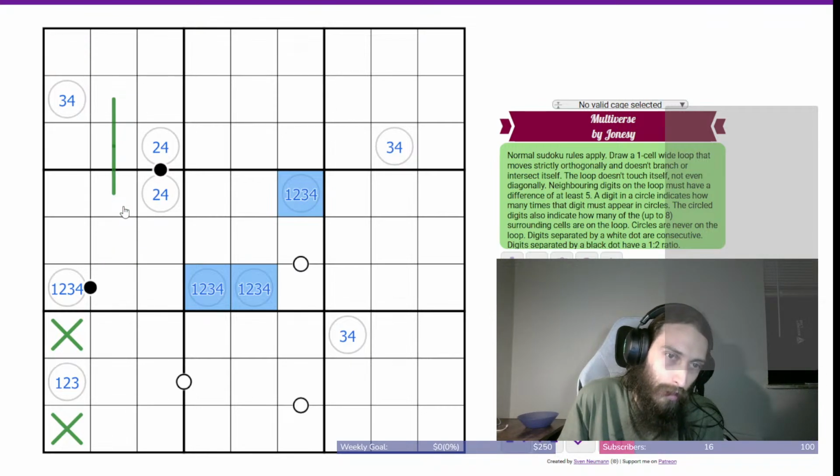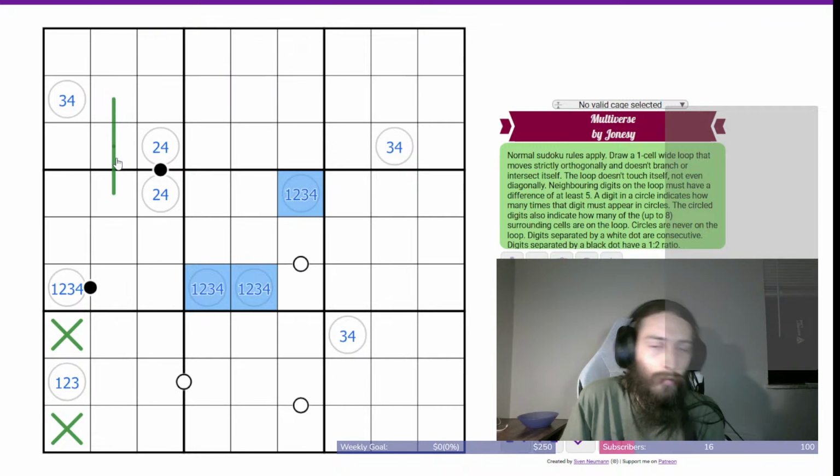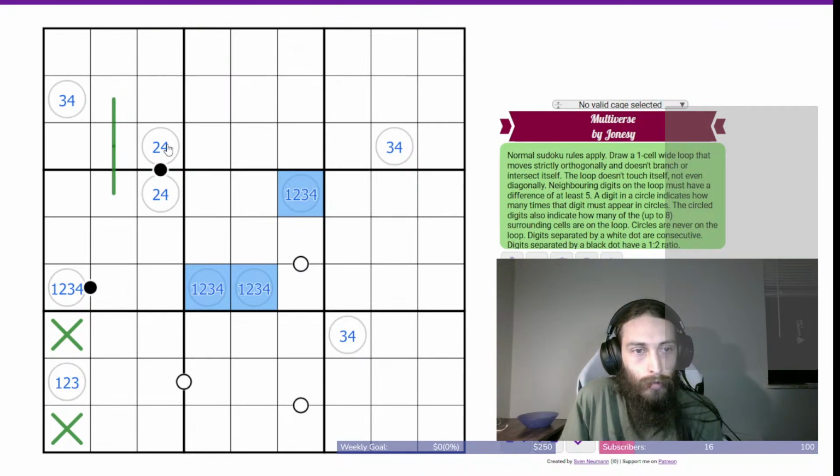And if I go down, I mean, I guess technically I could go that way. But either way, if I go down, this one has 3 neighbors, and this one has 2, which would block that. So this can't go down here. So it has to go left.